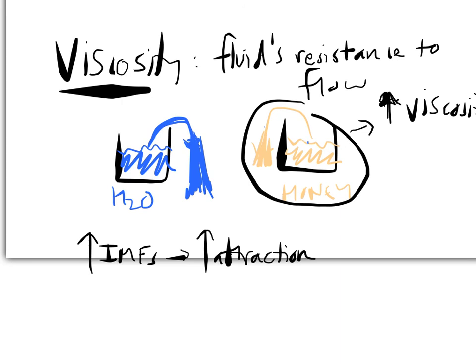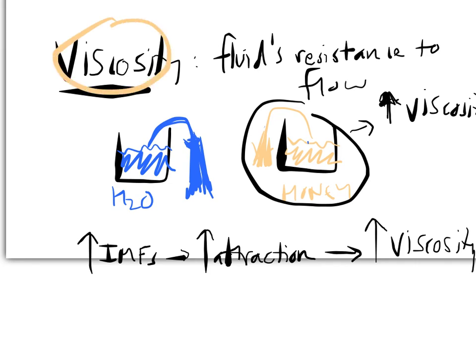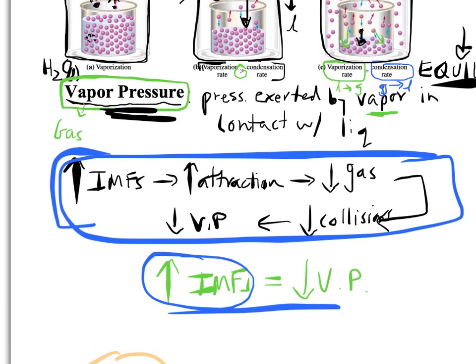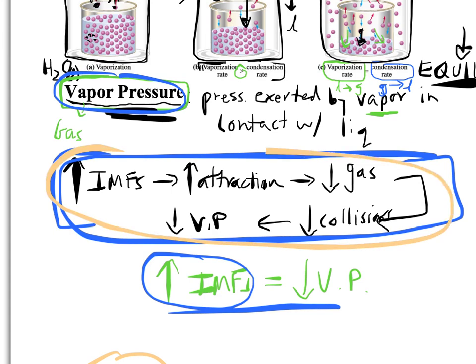And if you increase attraction between molecules, you're going to increase viscosity. So 4 things to walk away with today: definition of viscosity and how IMFs affect viscosity, as well as a definition of vapor pressure and how IMFs affect vapor pressure.